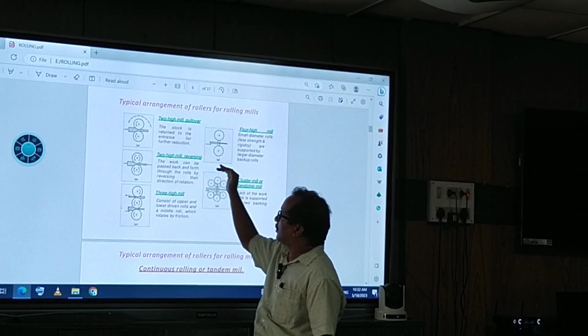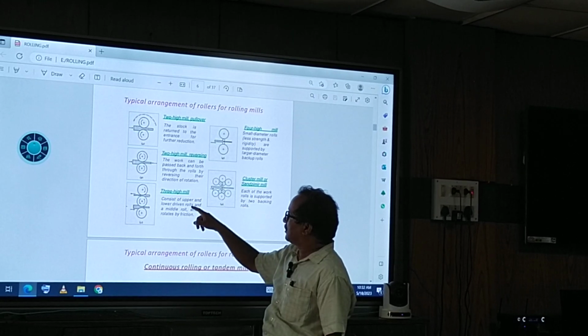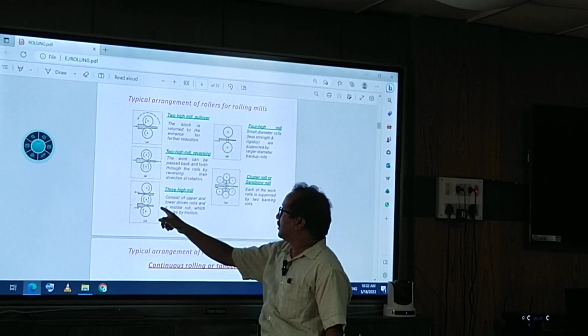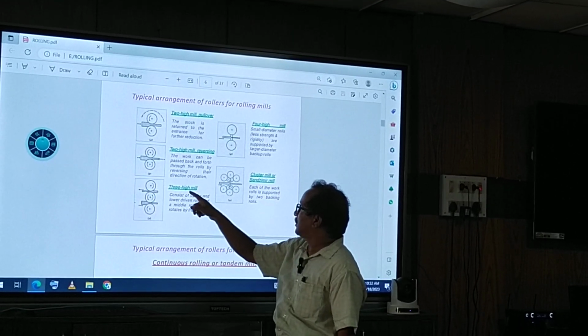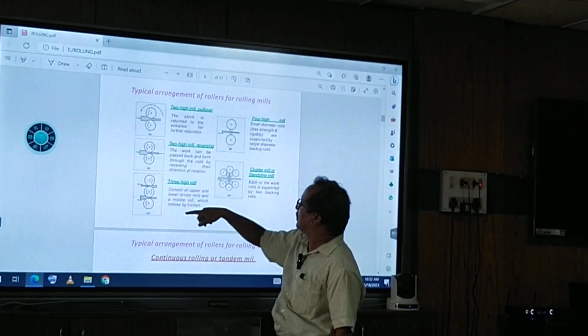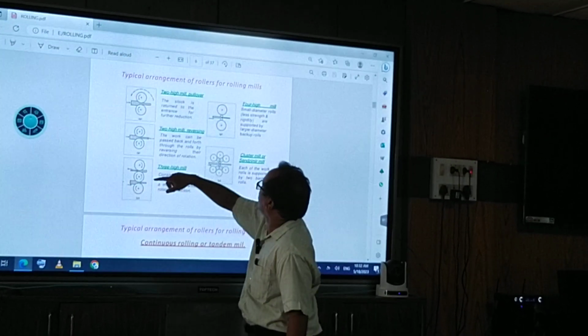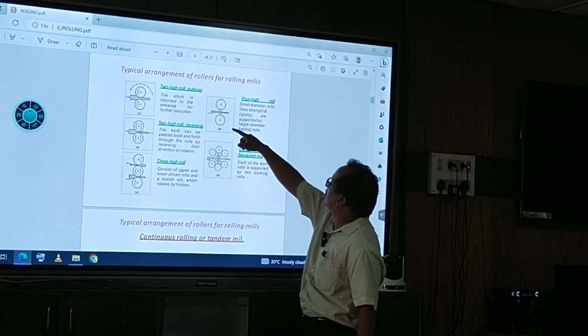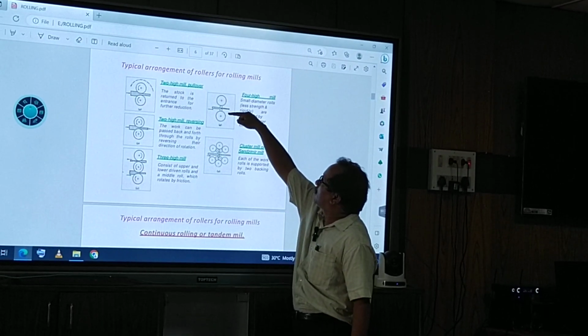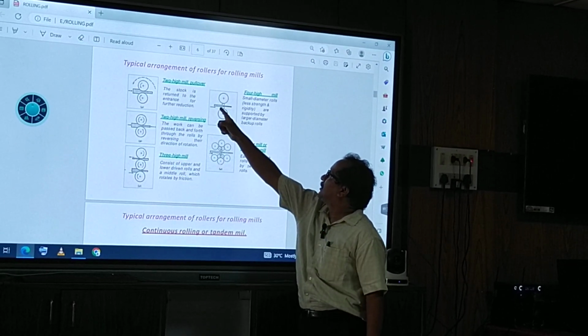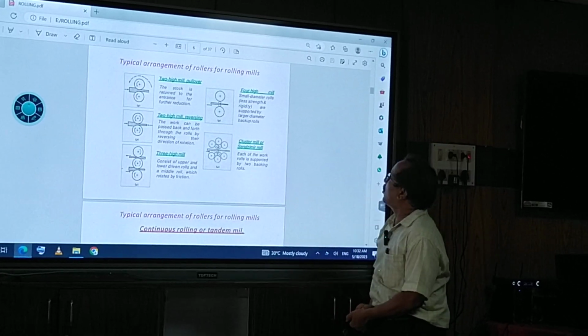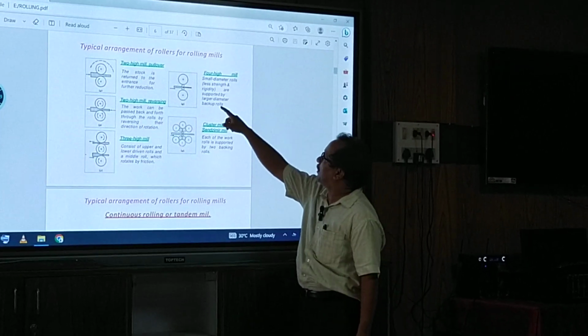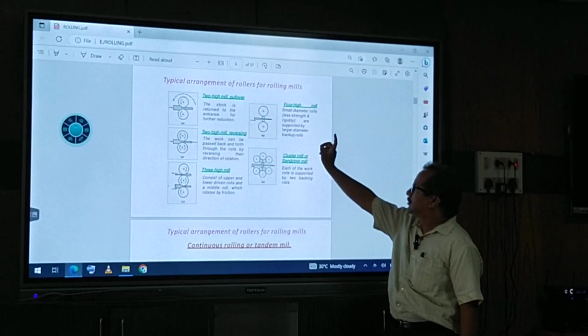This is the 3 high mill: the metal will come through this and again go back through that. So there are 3 rollers here and 2 rollers there. Then this is the 4 high mill. There are 2 backup rolls and 2 working rolls, and the metal passes through. These are small diameter rolls supported by large diameter backup rolls.